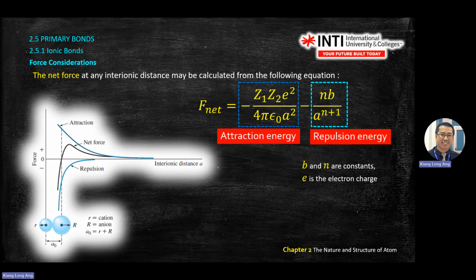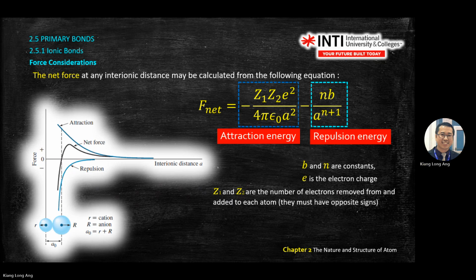e is the electron charge. We already covered this in the previous section. I gave you the e charge already, 1.6 something. Z1, Z2, you need to read from the periodic table. Z1, Z2 are the number of electrons removed or added to the atoms. For example, NaCl: Z1 is 1, Cl is 1.